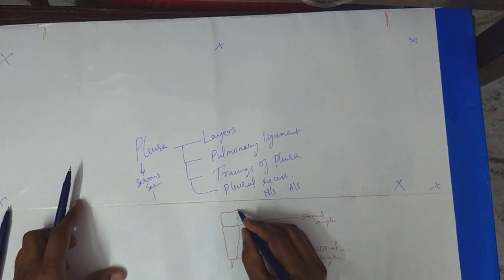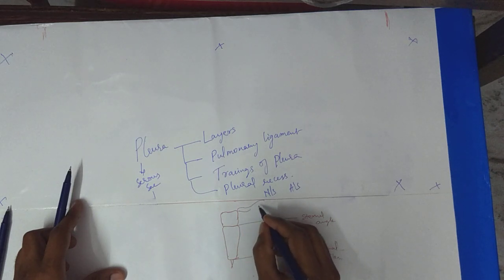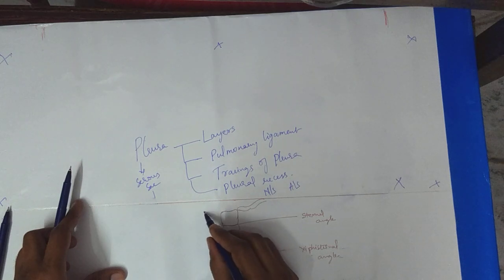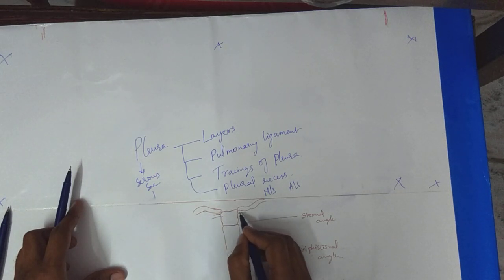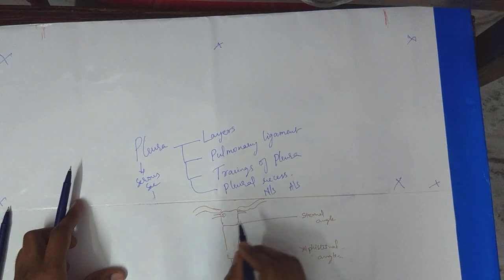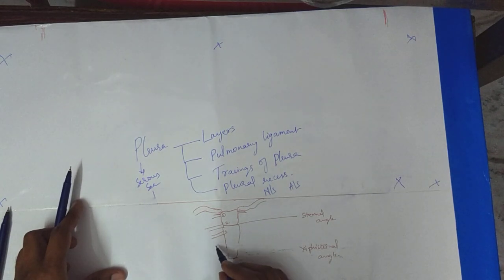Attached to this, making a joint with it, you have the medial end of your clavicle. Below that, the first rib near the sternal angle, second rib, followed by third, fourth, fifth, sixth and seventh.